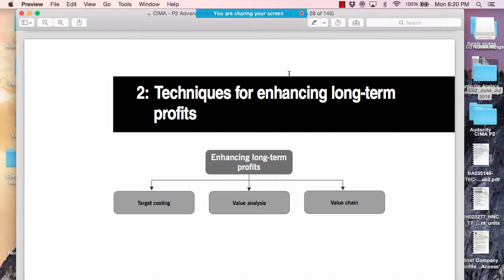And go into the CIMA site, put in target costing and look for any articles, and value analysis and value chain as well. I want you to make some notes on this because we will get into questions in the next session. That way you will understand what value chain is, what value analysis is, and the concepts behind target costing. Is that okay?